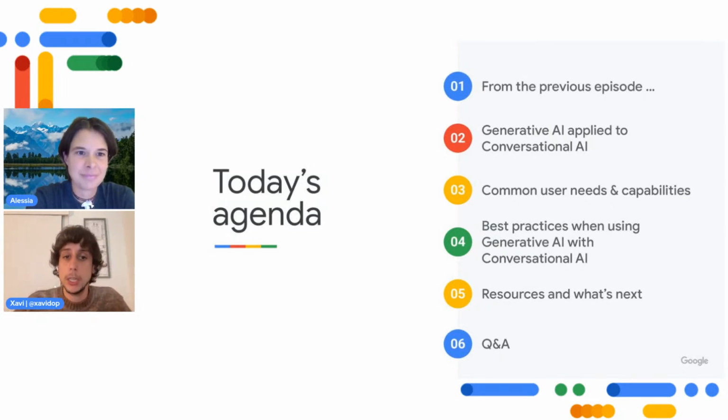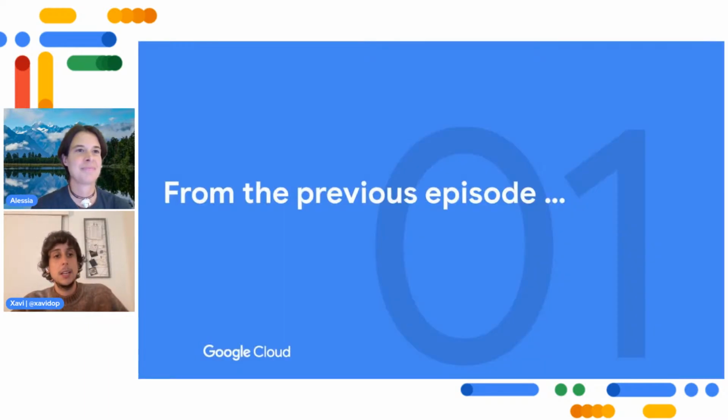Then common user needs and capabilities, like all the problems that we have and all the solutions that we can now have on Google Cloud Platform to solve those problems. Then best practices, and then resources, and we will have a Q&A. So please drop all your questions in the chat, as Lauren said.